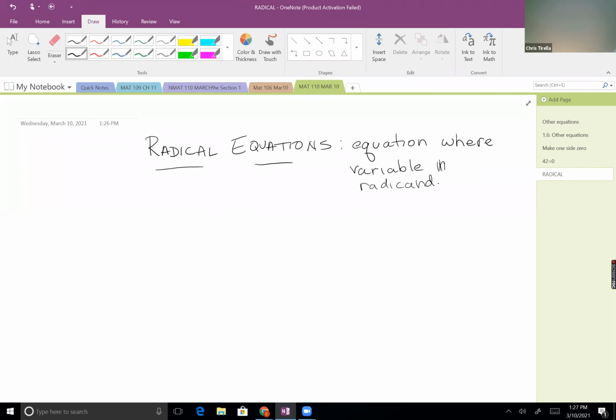We're going to look at 2 types. The first type is going to be equations with a single radical. Just one square root in it.